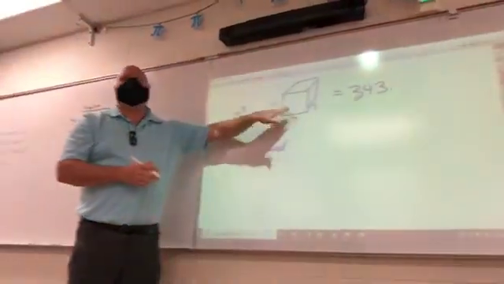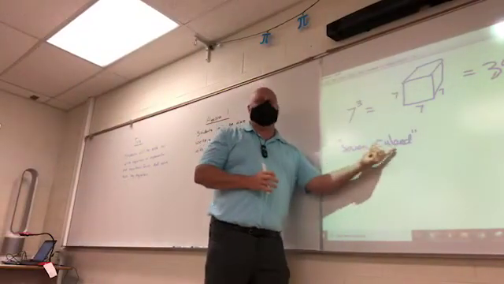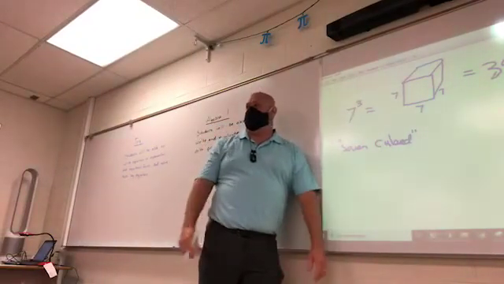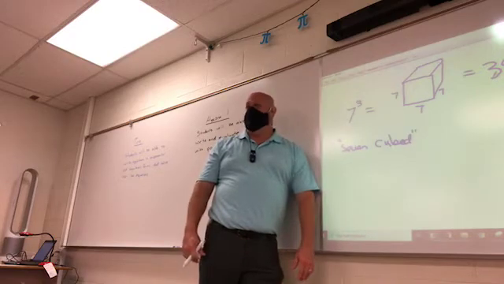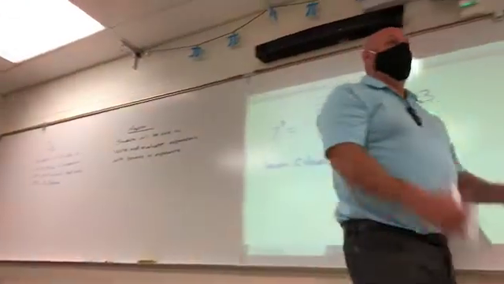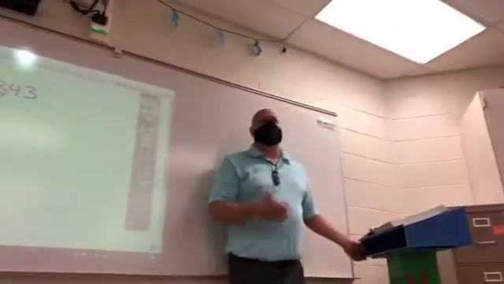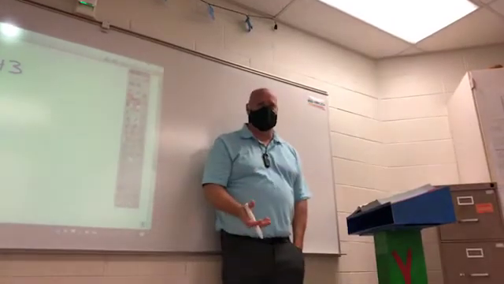That's actually why we use the term cubed. Do we have a word like that for the fourth power? We don't, because you would actually have to have some four-dimensional shape, which is really hard to draw. That's why we use the terms squared and cubed. Make sense?